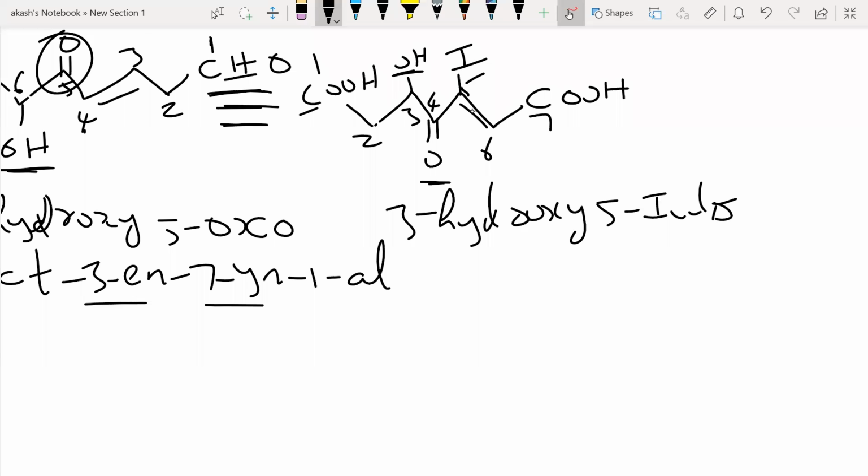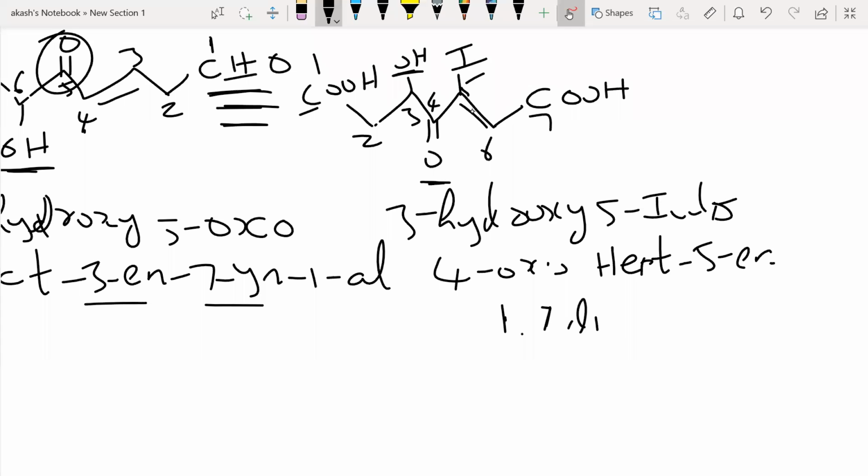Oxo is there, 4-oxo. Then go to your hept. In the fifth position you have a double bond, so 5-ene, and then 1,7-dioic.